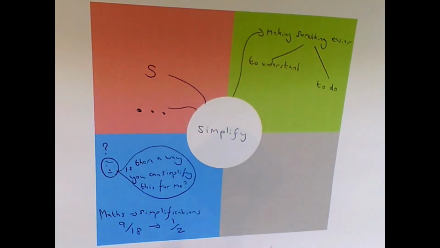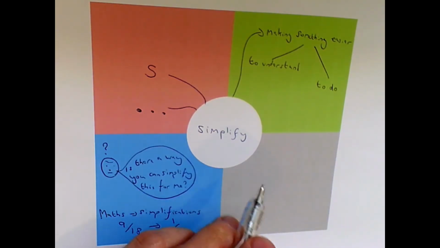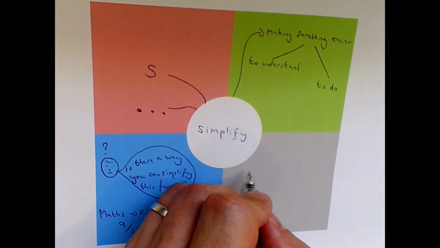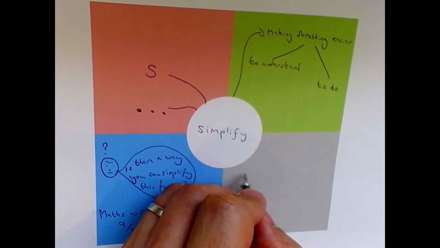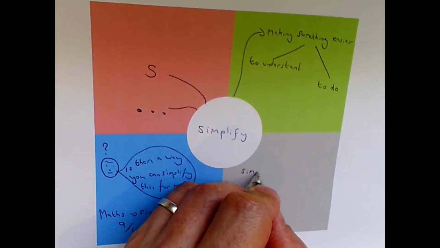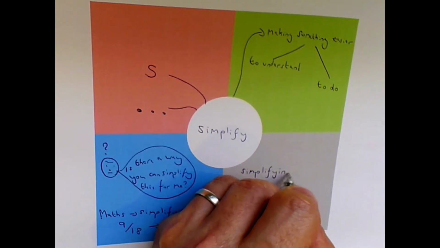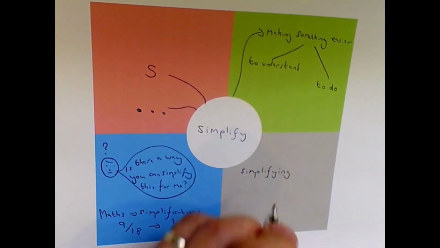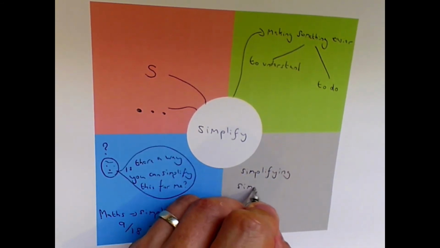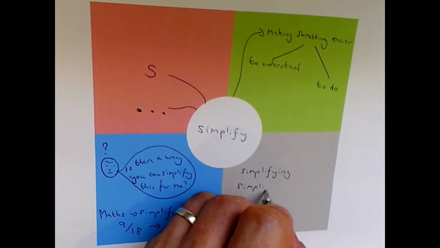Grey for other ways you might say the word, hear the word, read the word. If you're busy making something easier to understand, easier to do, then you are simplifying. And if you finish doing that, then you simplified it. You made it easier.